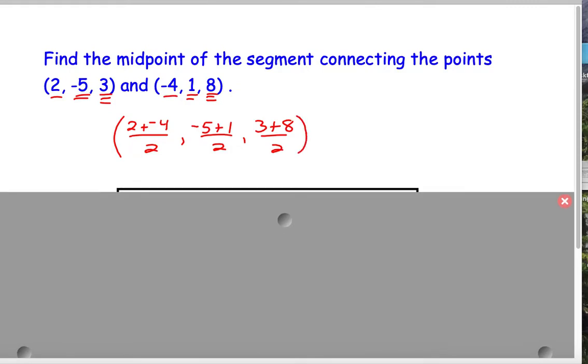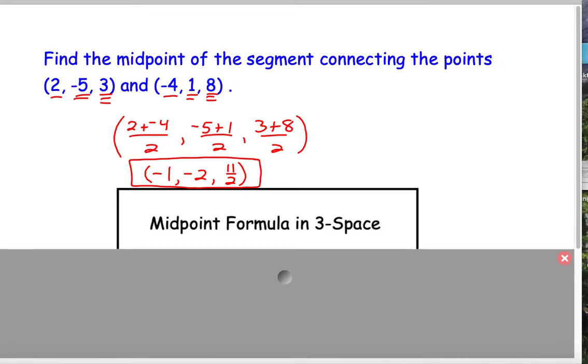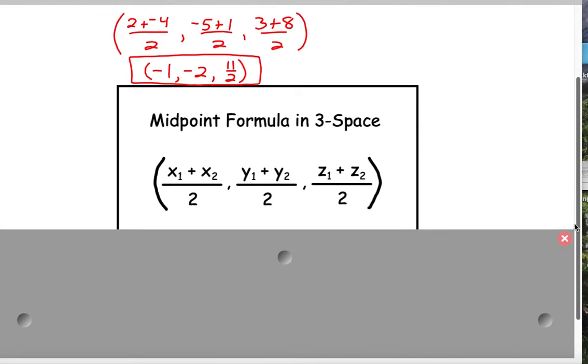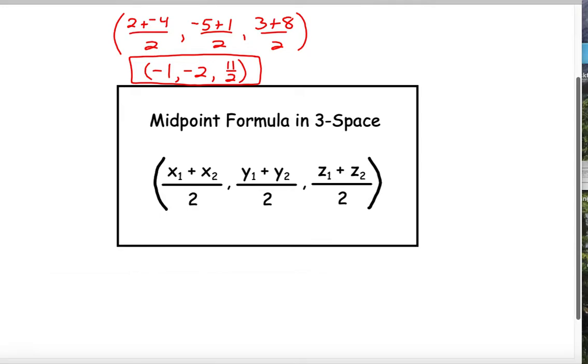And so that's going to give me negative 1, negative 2, and 11 halves, or 5.5, however you want to write it. And so there's your midpoint between those 2 points. So in general, the midpoint formula, just like it is in 2 dimensions, you average the coordinates. There just happens to be one extra coordinate here in 3 dimensions.